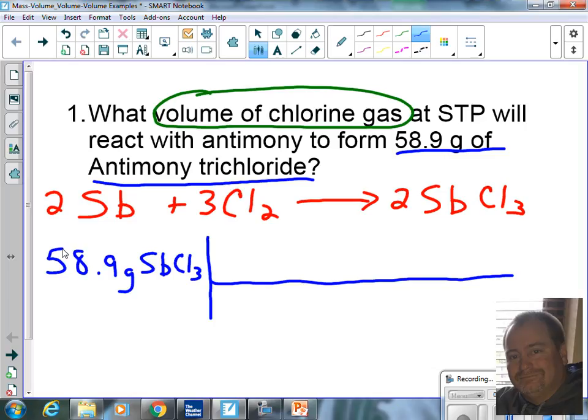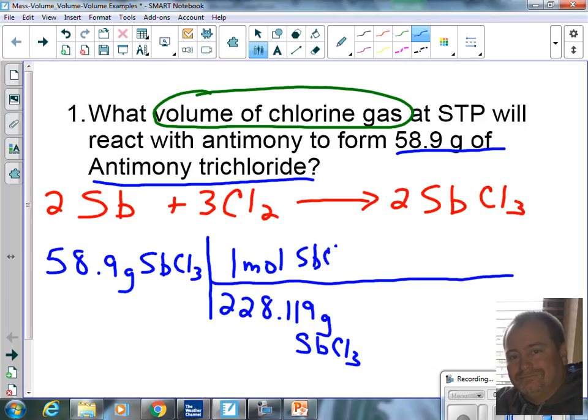228.119 grams of antimony trichloride. That's 1 mole. Now I get a cancellation.